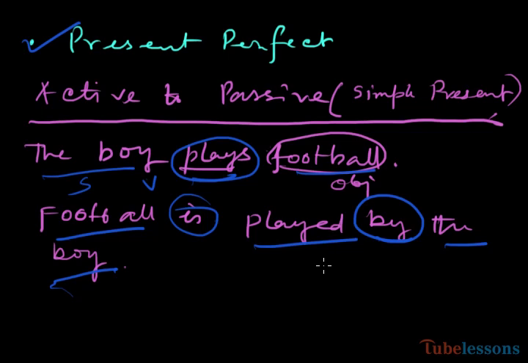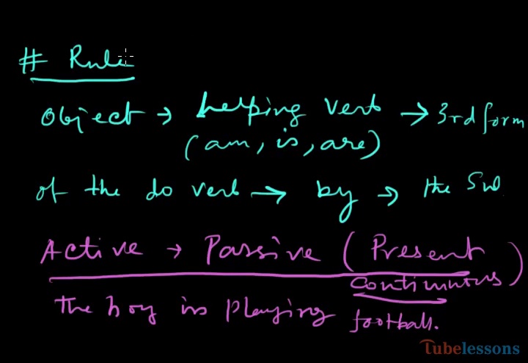So what is the rule? It will be more clear for you to understand when you see the rule. This is the rule. Object, football was the object. Then the helping verb. In simple present tense, we will use only be verbs.